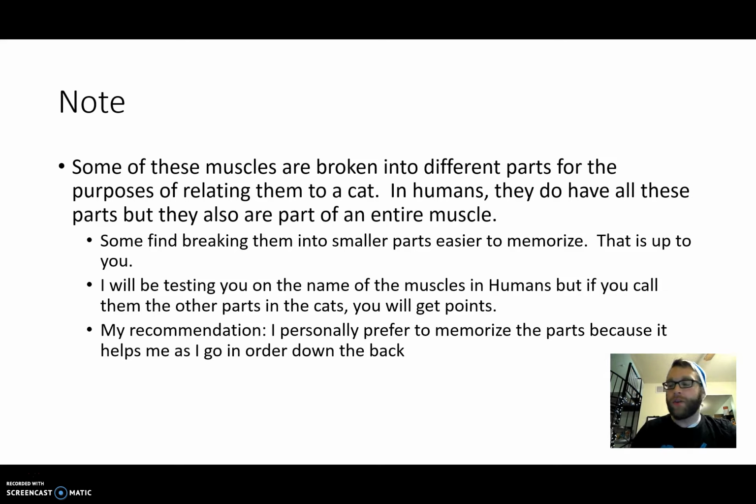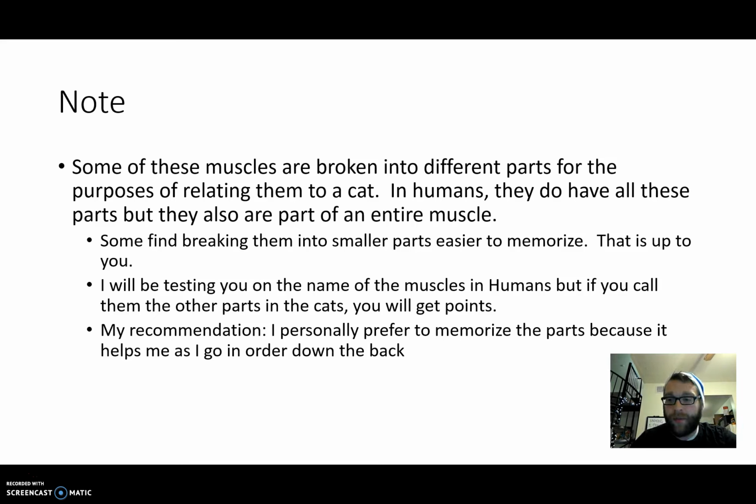The way I have it on your table, for example, the trapezius in humans, I have it broken down into different parts, with the cat name. Those names are also applicable to humans. That's just describing that part of the actual muscle. Your trapezius is large, so I have included origin, insertion, and actions for each of those smaller parts.